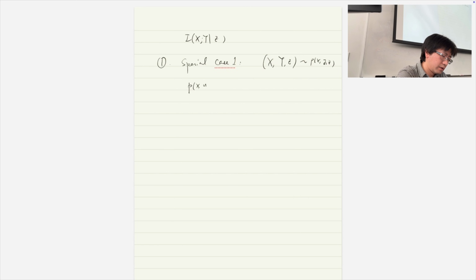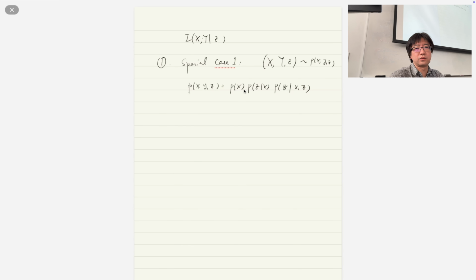Okay, so conditional mutual information, X and Y given Z. The first special case that we covered is that we consider three random variables here, P(X,Y,Z). Now we consider the case where X and Z are independent, right? In other words, this basically means the distribution equals P(X), P(Z given X), and P(Y given X and Z).